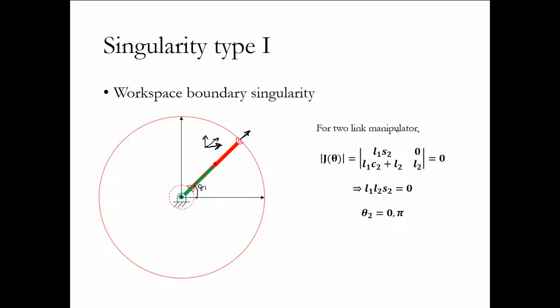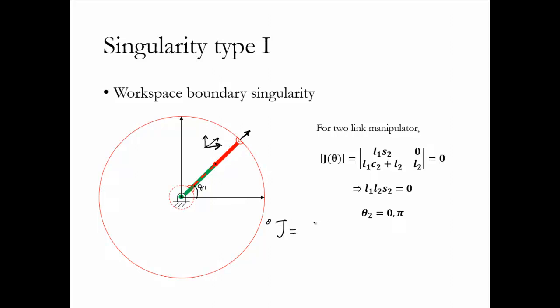Let me just check the Jacobian in the base frame. Yeah, so for this one we can have the actual Jacobian like this, which is in the base frame.